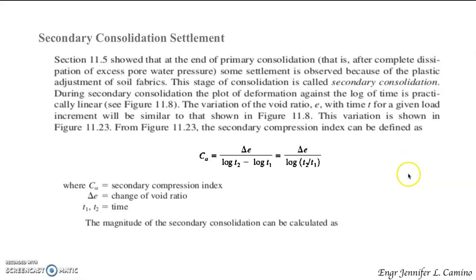From figure 11.23, the secondary compression index can be defined by this expression: change in void ratio over log of t2 over t1. So we get now your secondary compression index.